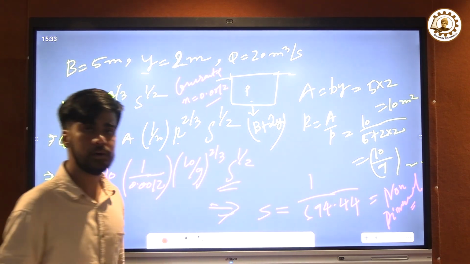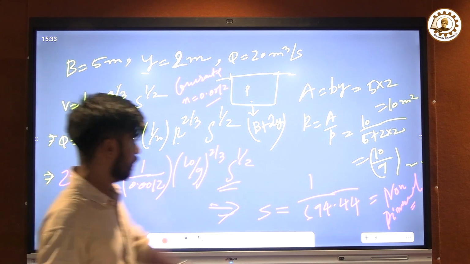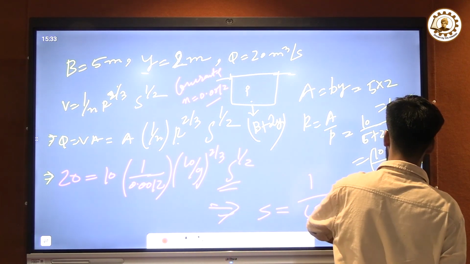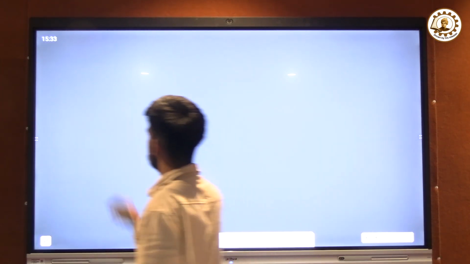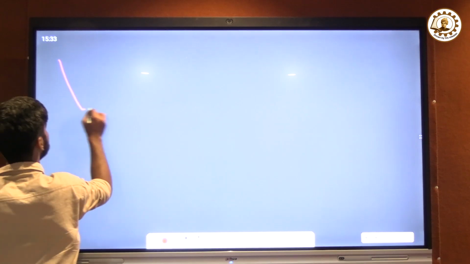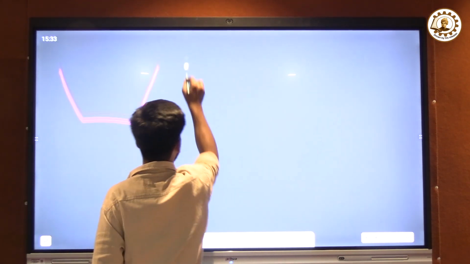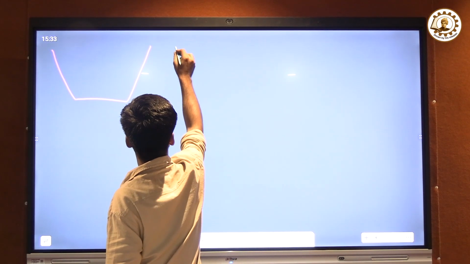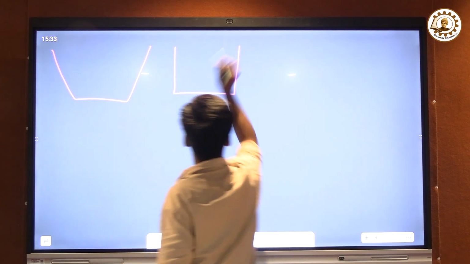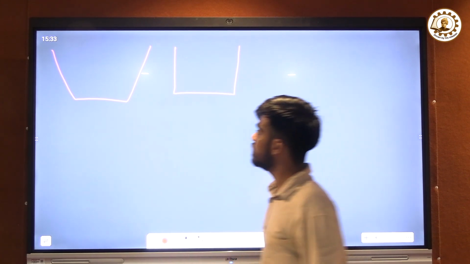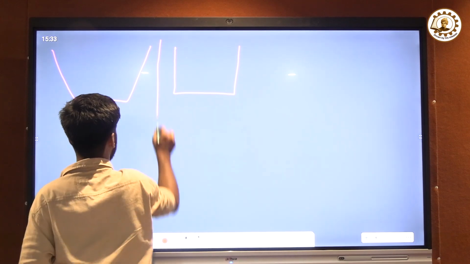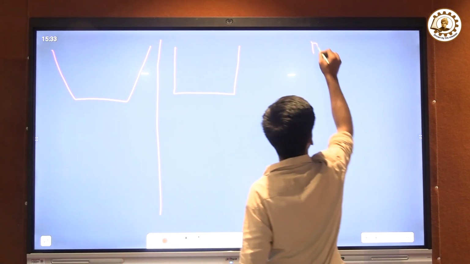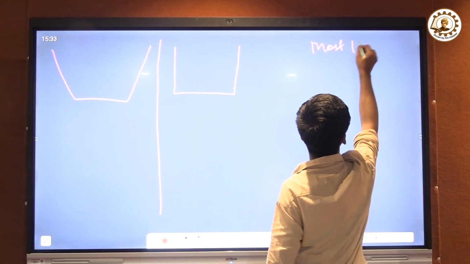Now we will derive the most efficient channel. What will define the most efficient channel? Now what is the most efficient channel?